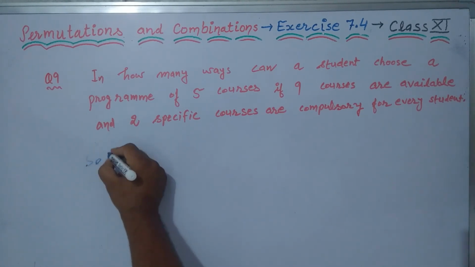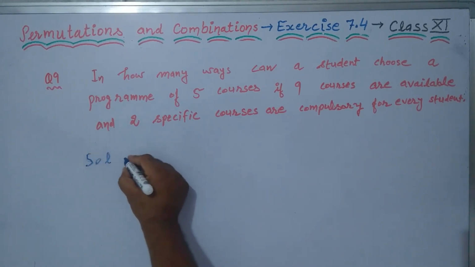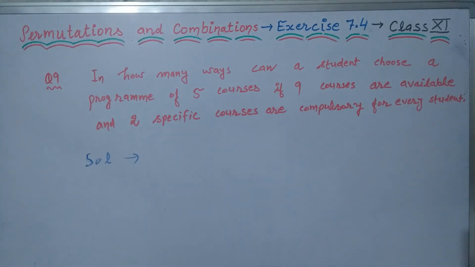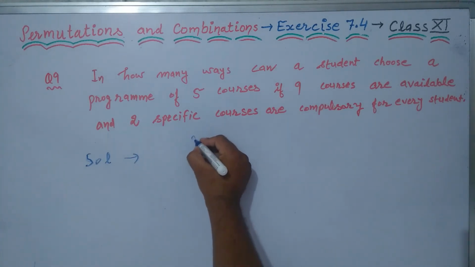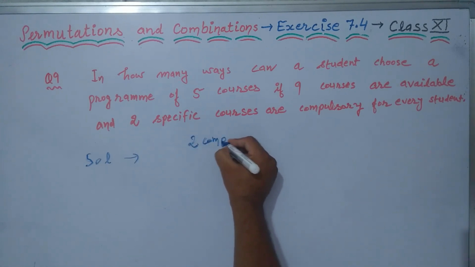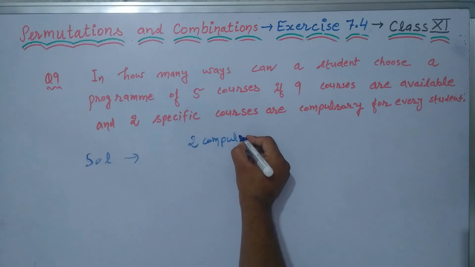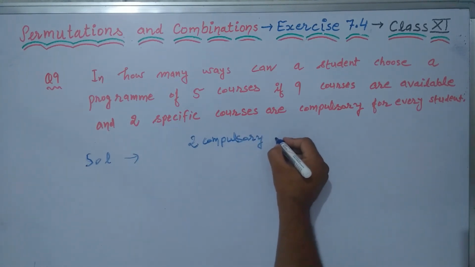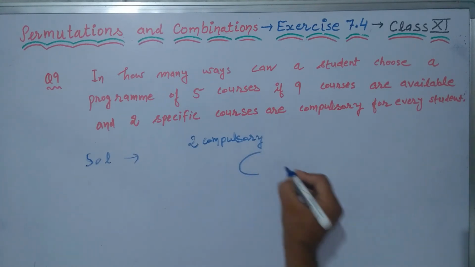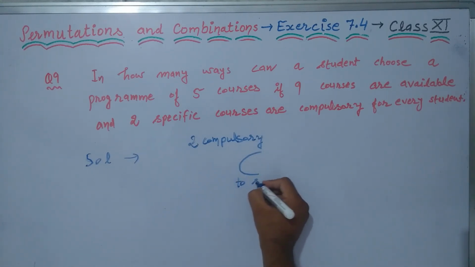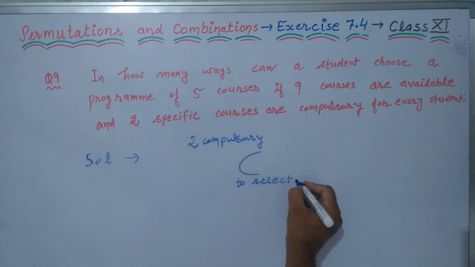So here, out of 9, 2 courses are compulsory, and out of 2 compulsory, each one has to select, equal to 2.